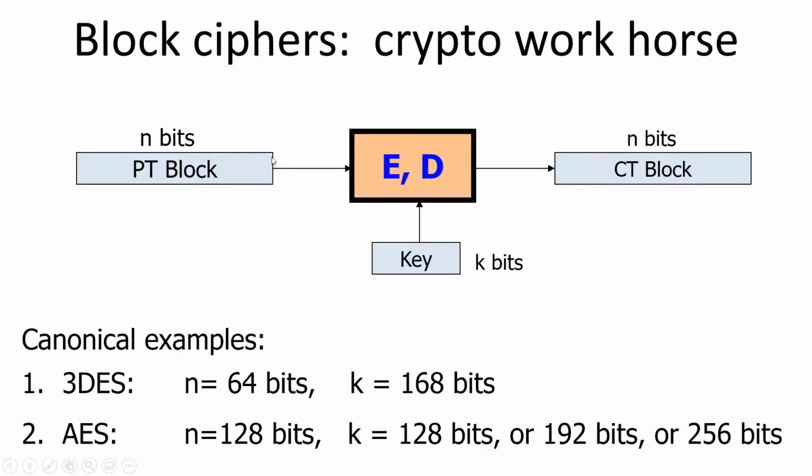Decryption reverses this. The input here is customarily called plaintext block, the output is ciphertext block, and for decryption the roles are reversed, right? Decryption maps from here back to there, given the same key.